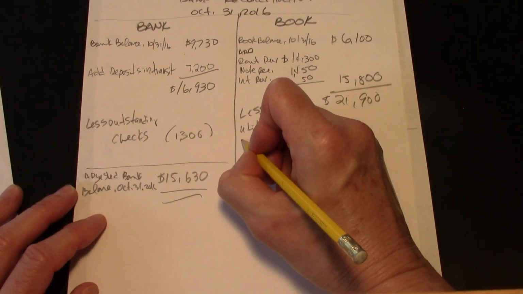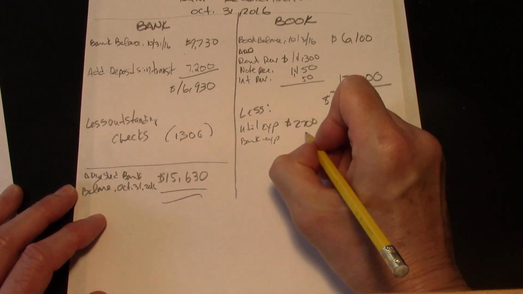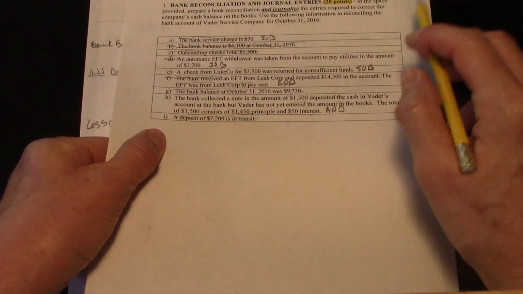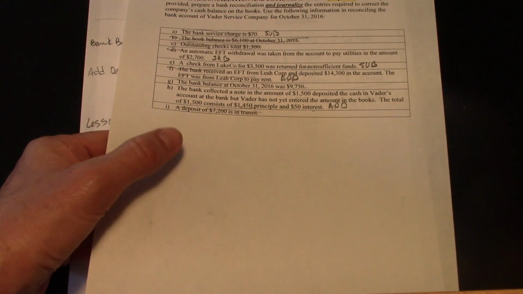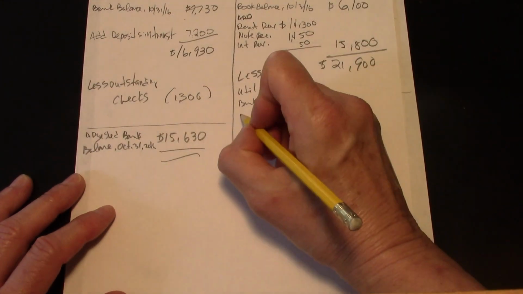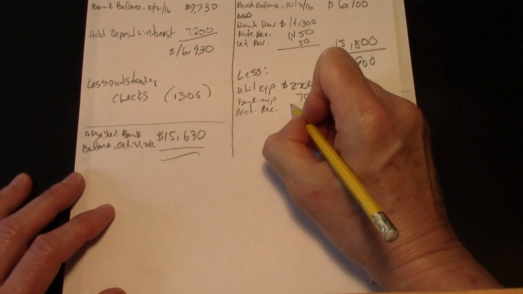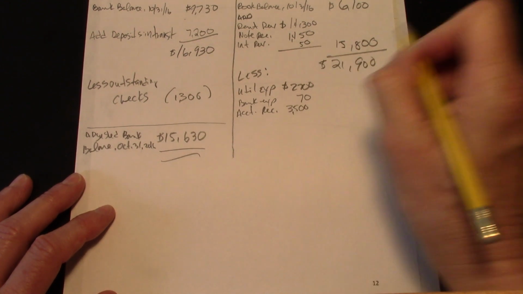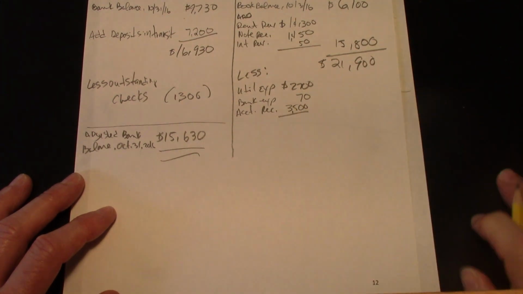I'm going to call that bank expense, 70. Almost skipped that one. And then we had one more somewhere. Oh, there you go, an NSF check. So hopefully in the future we'll receive that. So I'm going to call that an account receivable, 3,500. We're going to call him and say, hey, your check bounced. What's that about?